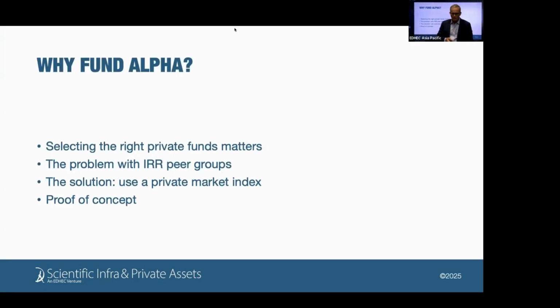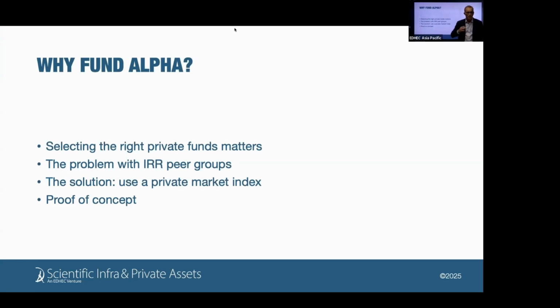I'm going to talk a little bit about why this is really an important matter, perhaps more important than it might seem. It goes beyond the question of fund selection, of manager selection. I'll summarize briefly the problems that we all know about with IRRs and peer groups of IRRs to select funds, and highlight what the solution is, which is to use an index, and in particular, a private market index.